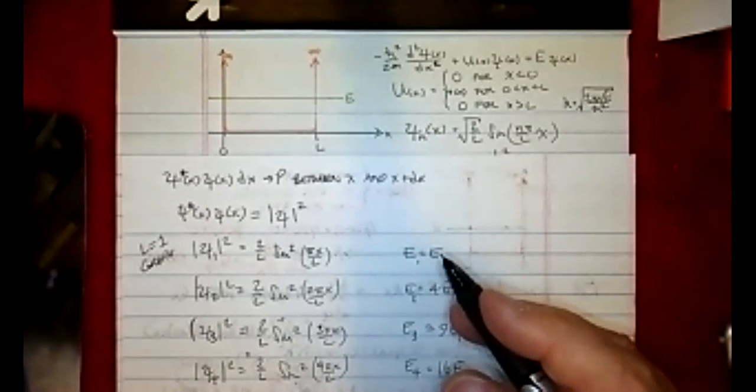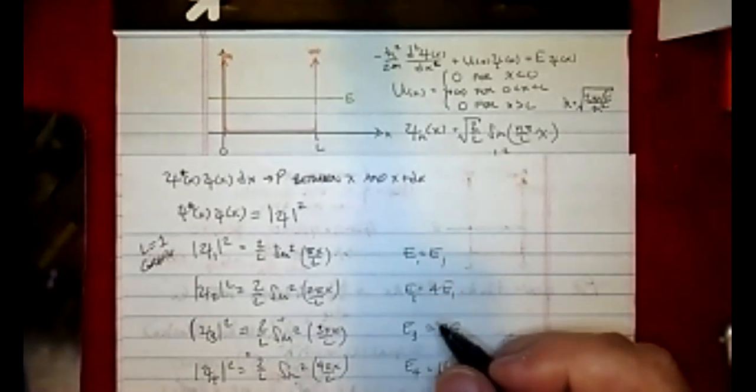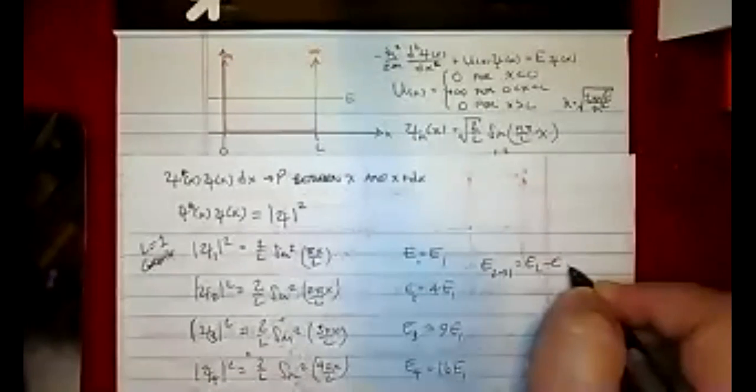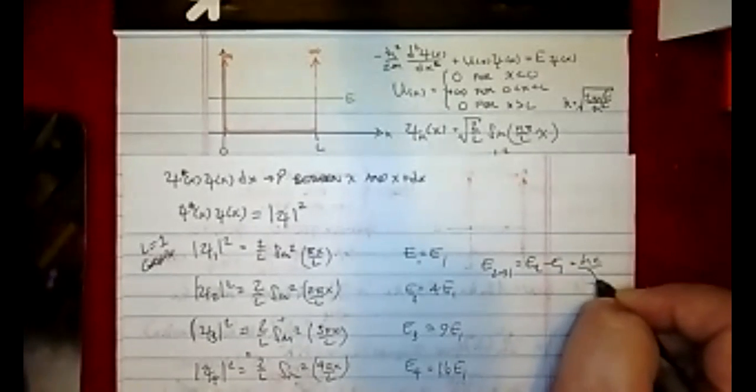Again, this is not anything I'm dealing with right now, but in the future, what we know is if I take the energy of E2 minus E1, call it E21, that's E2 minus E1. If I set that equal to hc over lambda, that's the wavelength that would be emitted if a particle dropped from the n equal 2 state to the n equal 1 state. That's the wavelength of the photon that would be emitted.